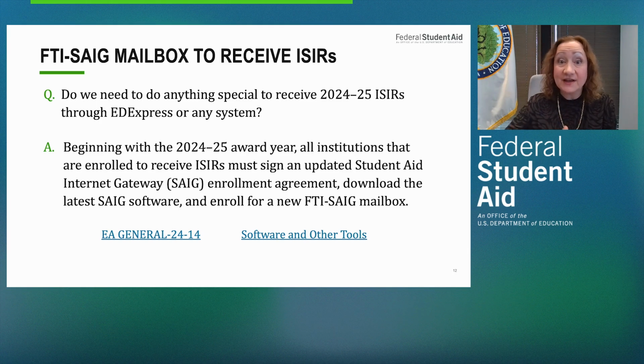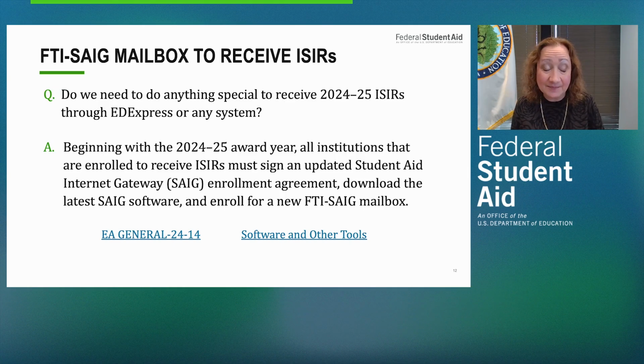As a side note, you will still use the original SAIG system because it remains the designated platform for handling all other types of non-FTI batch data. And we've included the link to the Knowledge Center's software and other tools page on this slide, where you can always find the latest software versions and their technical references.